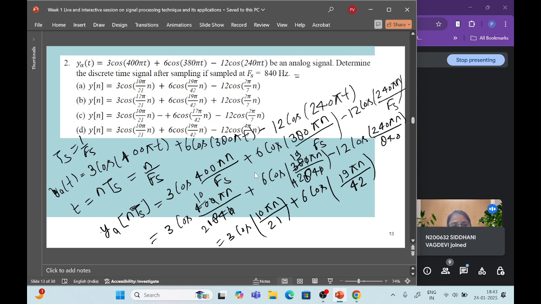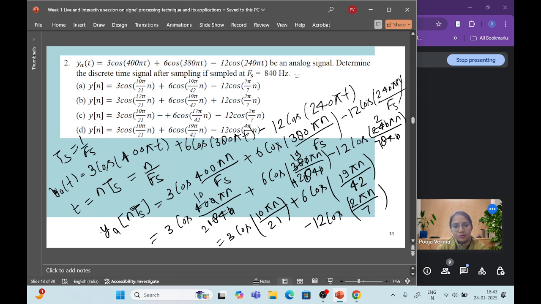Now next one is minus 12 cos. Here also, 12 2 ja and 12 7 ja, right? So 2 pi n divided by 7.